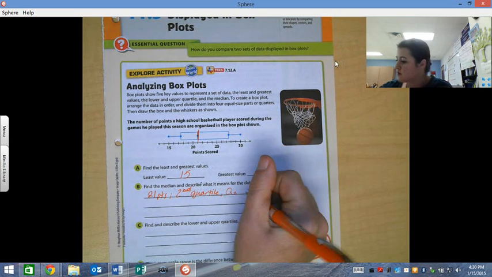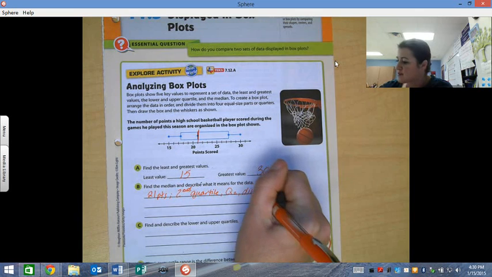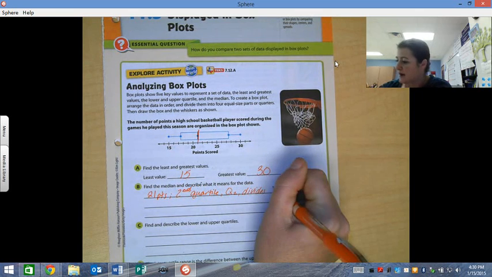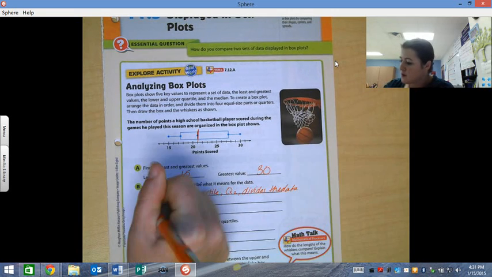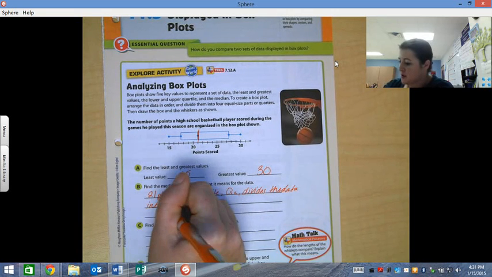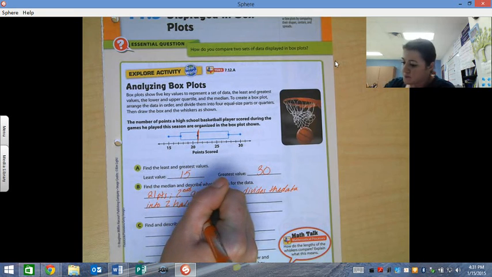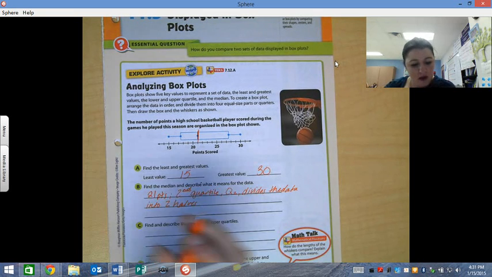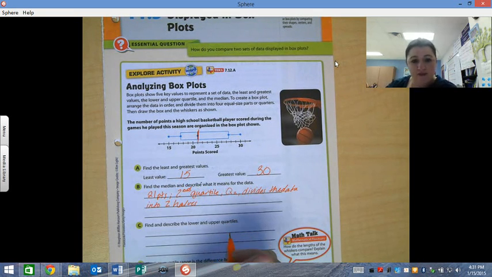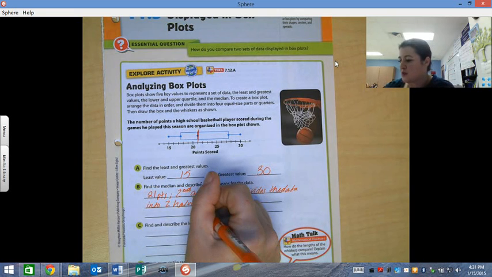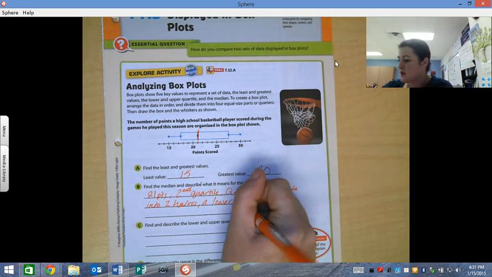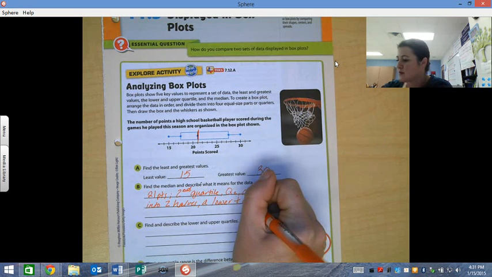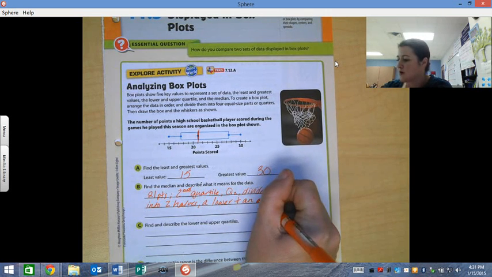So it divides the data into 2 halves. A lower half and an upper half is usually how you will hear it referred to. A lower half and an upper half.